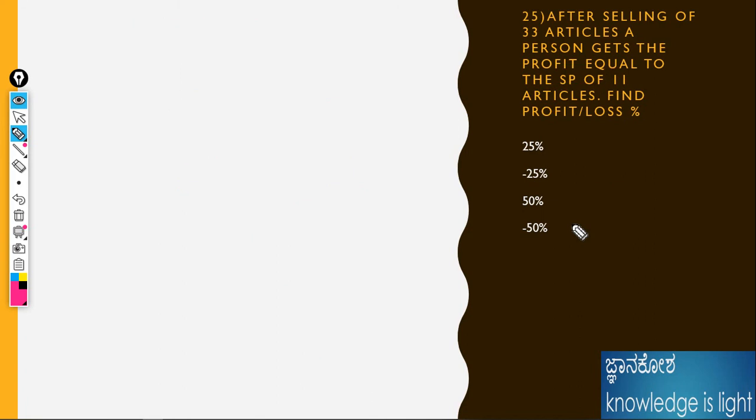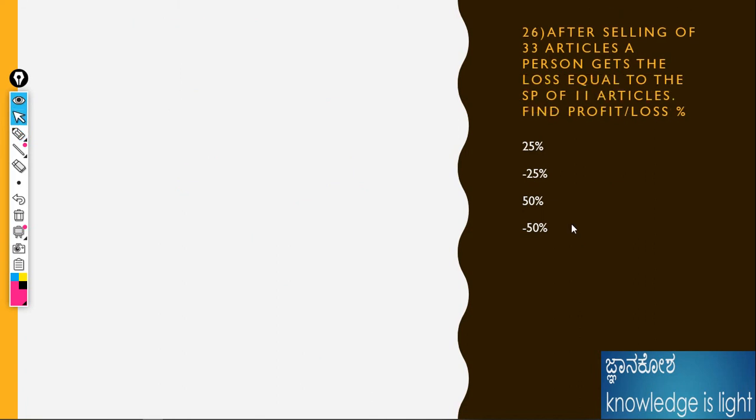The next problem. After selling an article, the person gets a loss equal to the SP of 11 articles. Okay. Here, loss means the cost price should be more. CP and SP are given as 33. I'll assume 33 articles for 33 rupees. The cost price should be higher, and the selling price 33 is fixed.